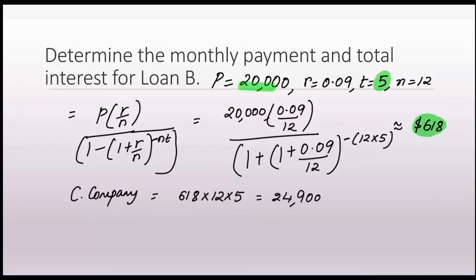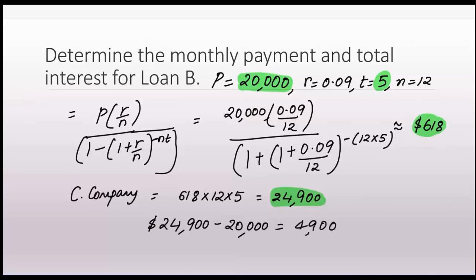The price of the car is $20,000, but you pay them $24,900. So the extra amount that you pay, $24,900 minus $20,000, is $4,900. This extra amount is your interest.